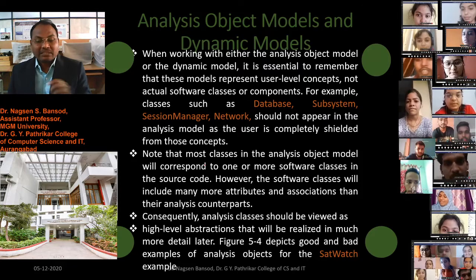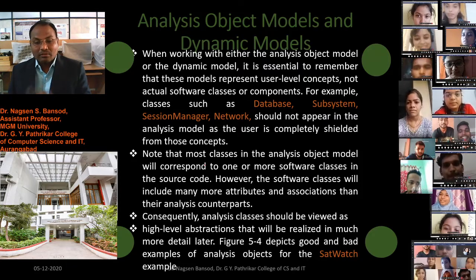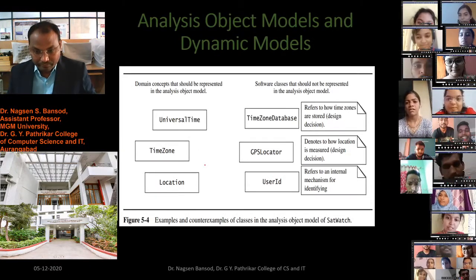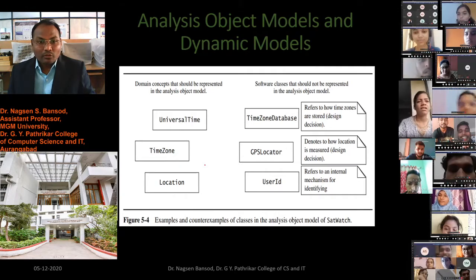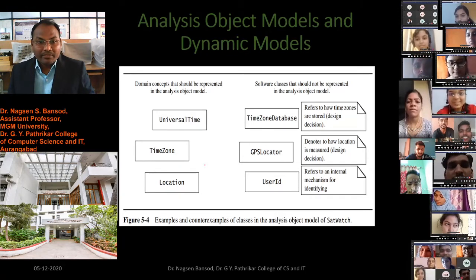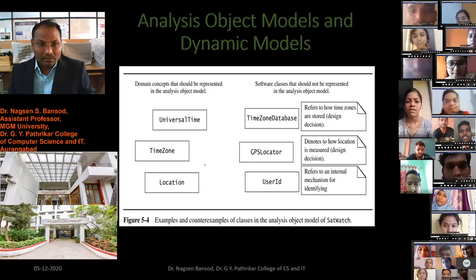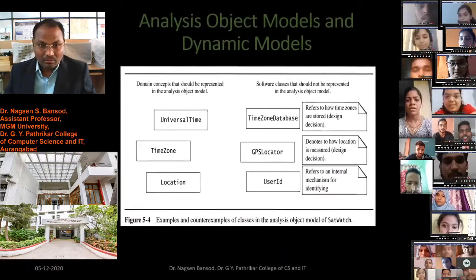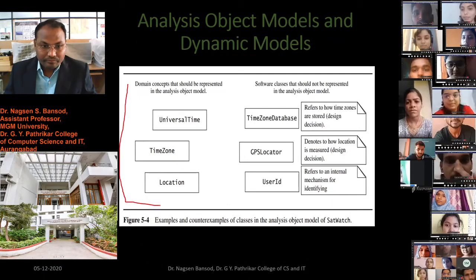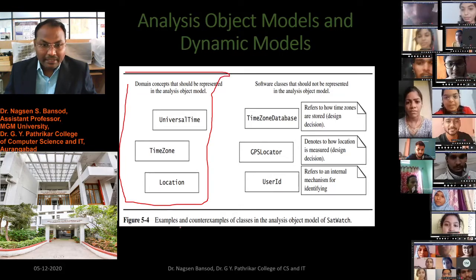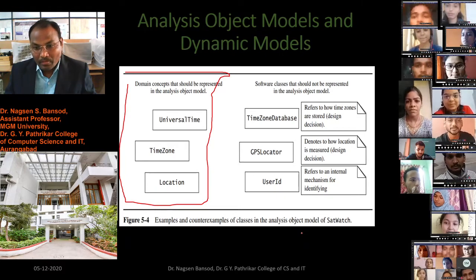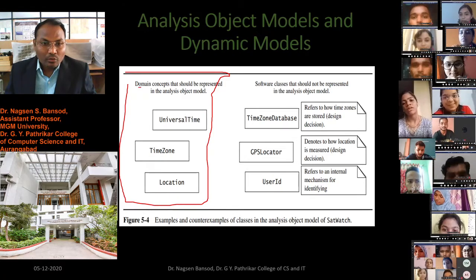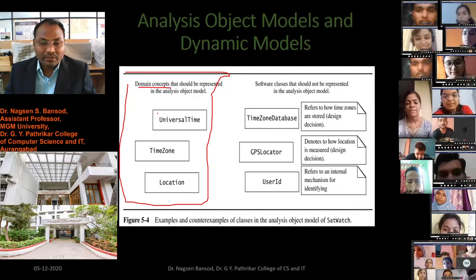Good and bad example of an analysis object model. The SatWatch example is given in this figure. First of all, you see the domain concepts that should be represented in the analysis object model. If we take the example of SatWatch, what is the use of SatWatch?